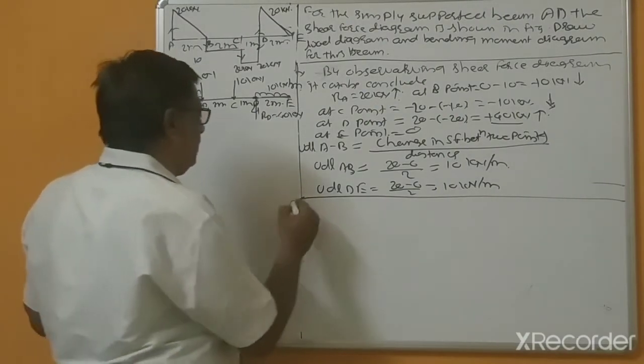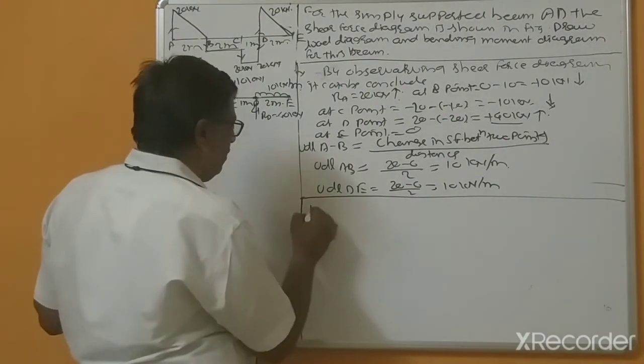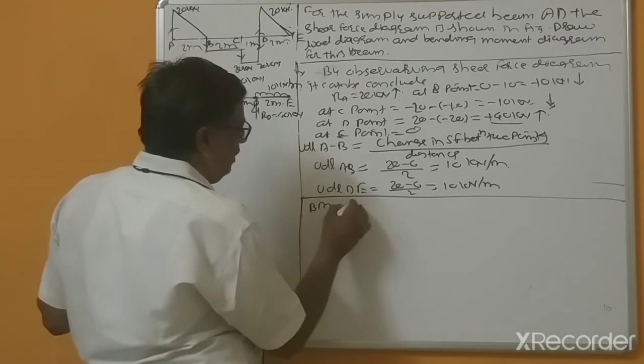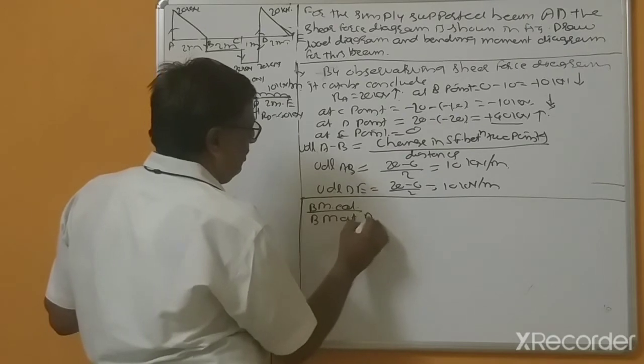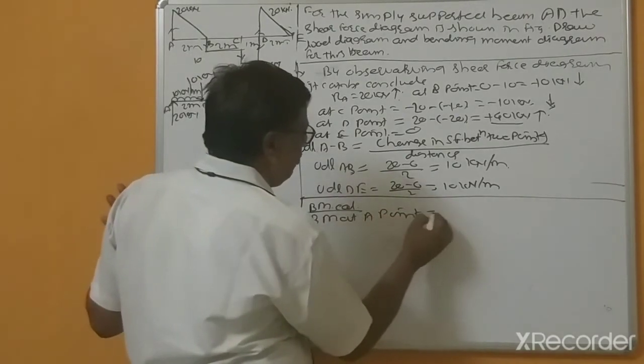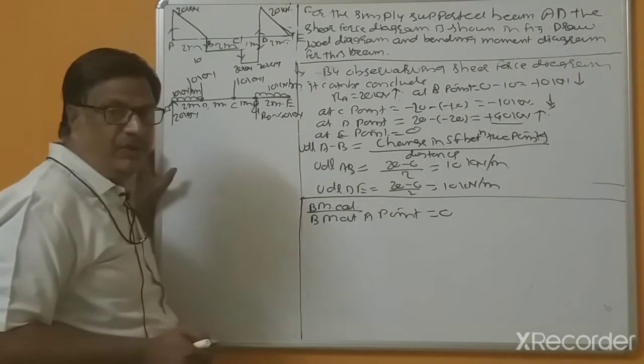So that's why bending moment calculation. Bending moment at A point, because this is end point, equal to 0.